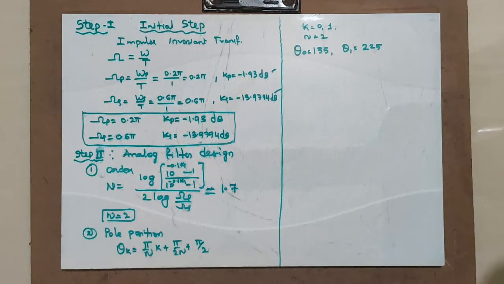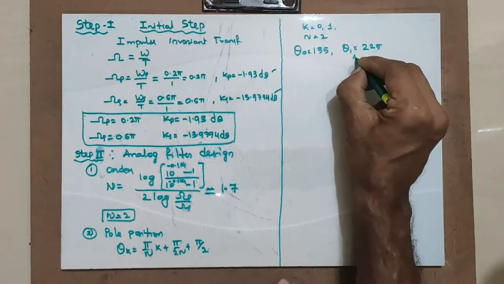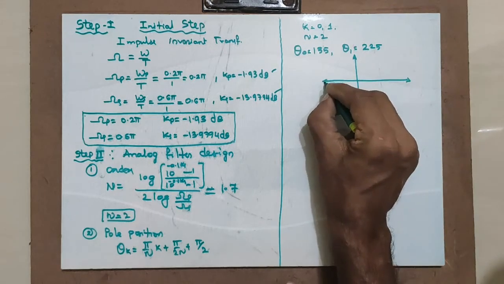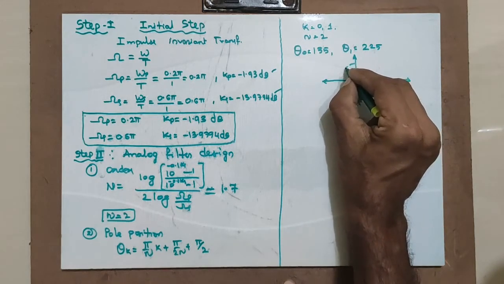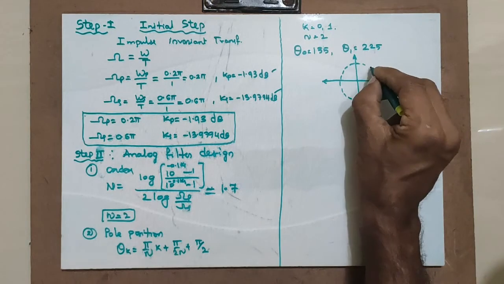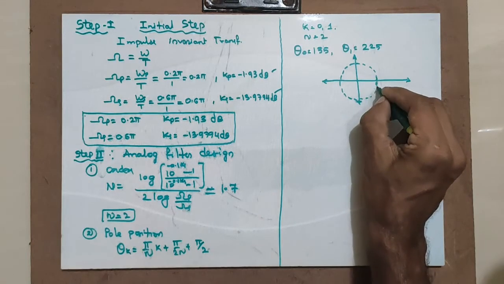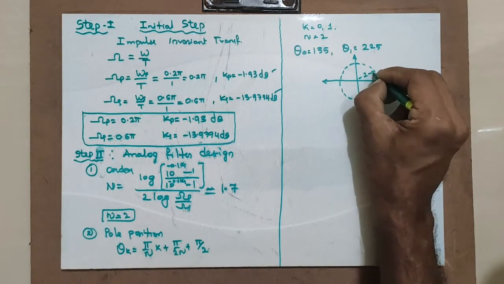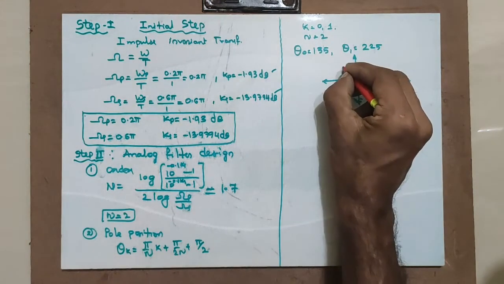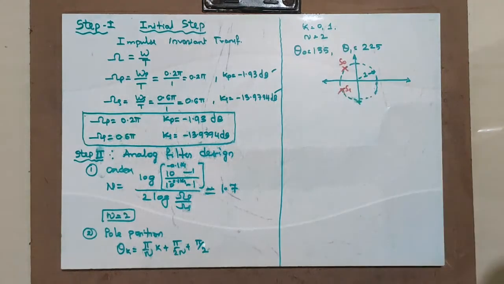Now if you want, you can put those poles also in the S domain with a unit circle. Please note that in the case of Butterworth filter you need to have a unit circle, and on the unit circle you should recognize 2 poles here, S0 and S1. Now what is S0?